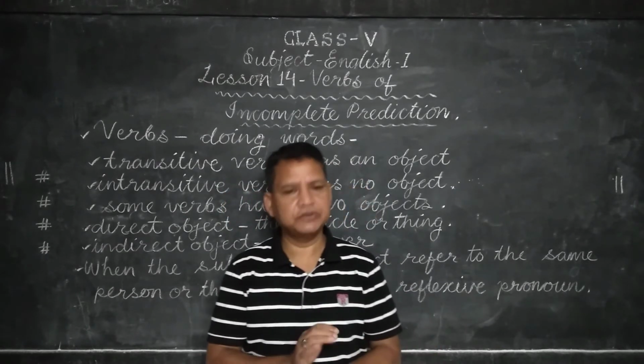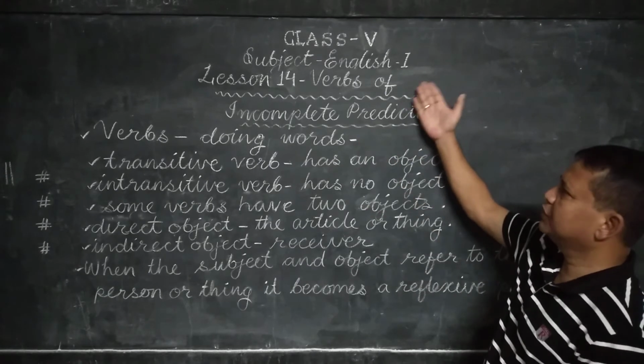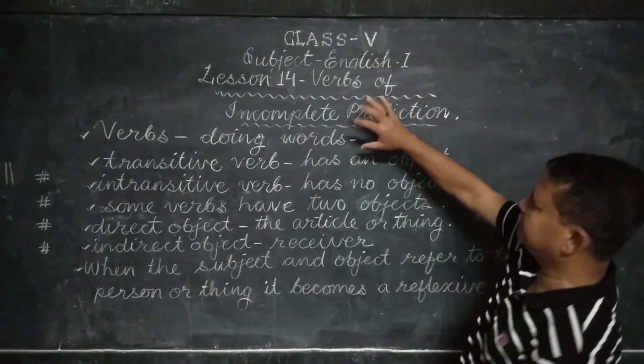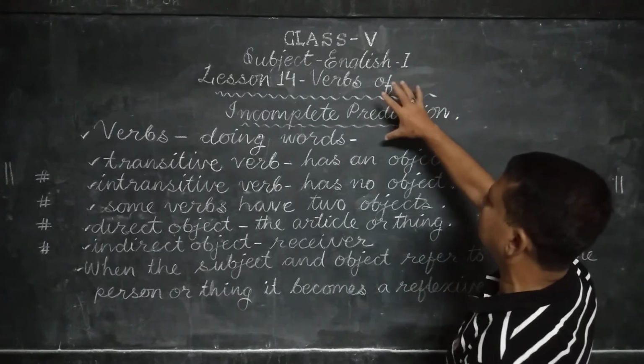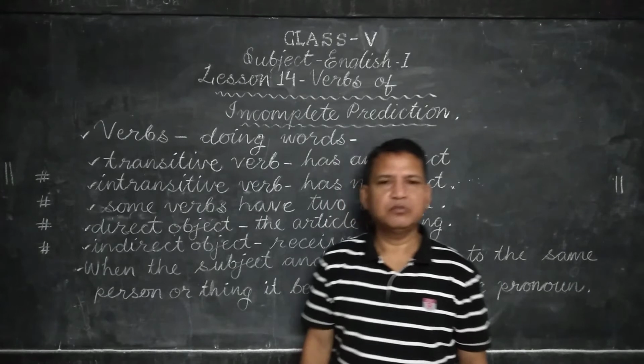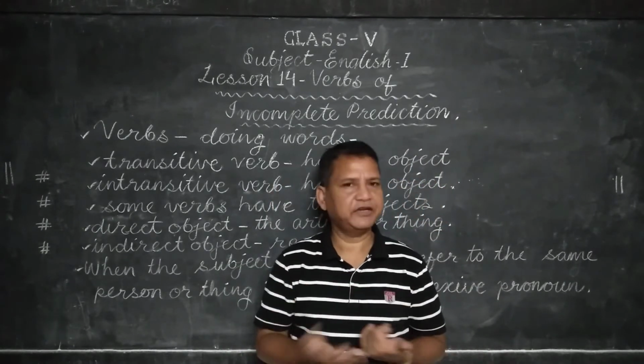Today we are going to learn about verbs of incomplete prediction. So let me define these words. Verbs are doing words. They show action.